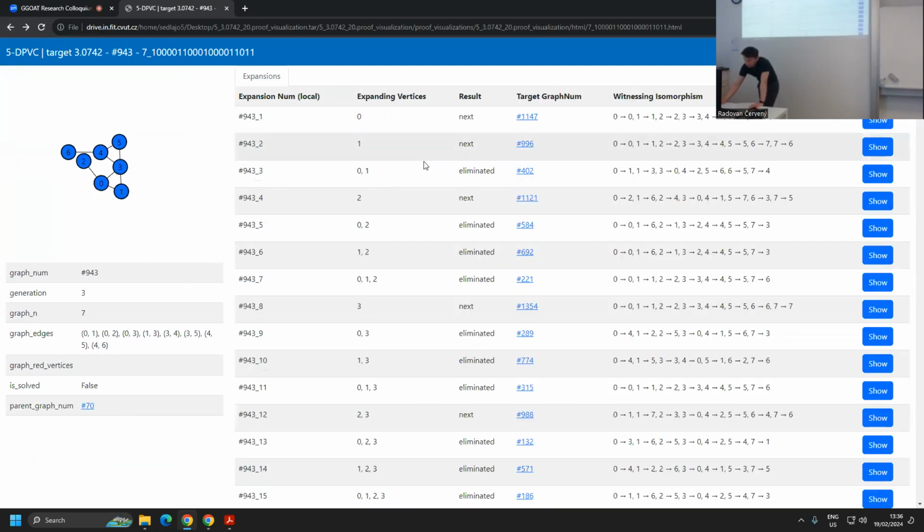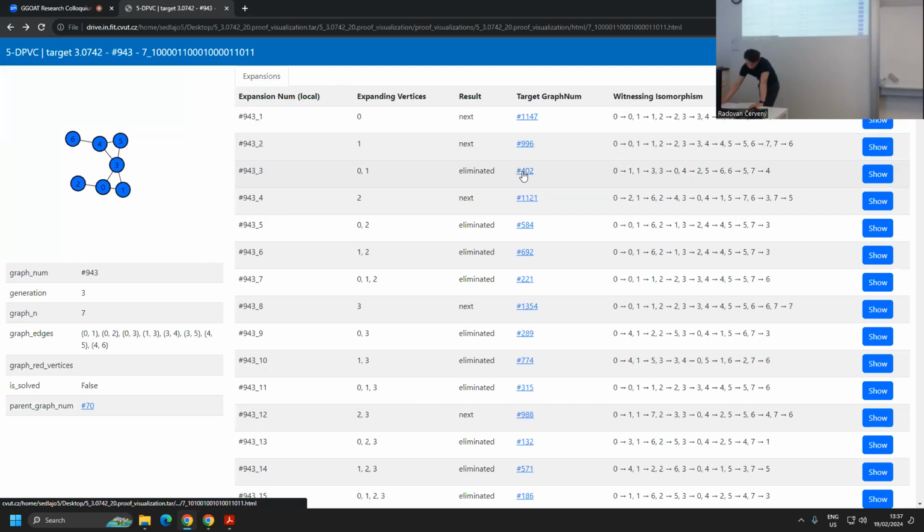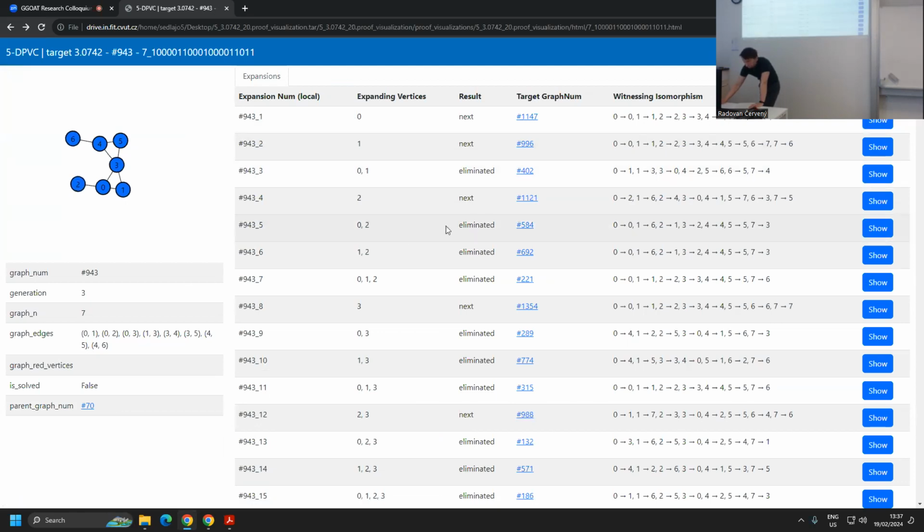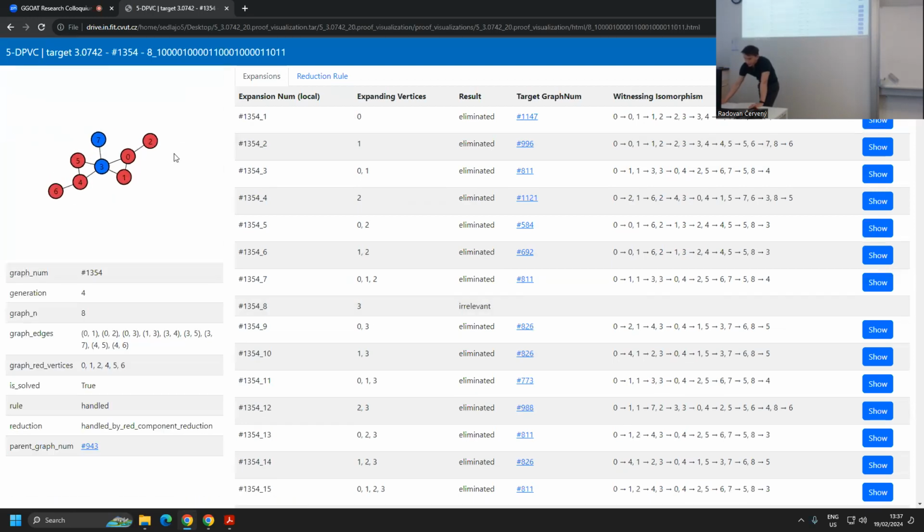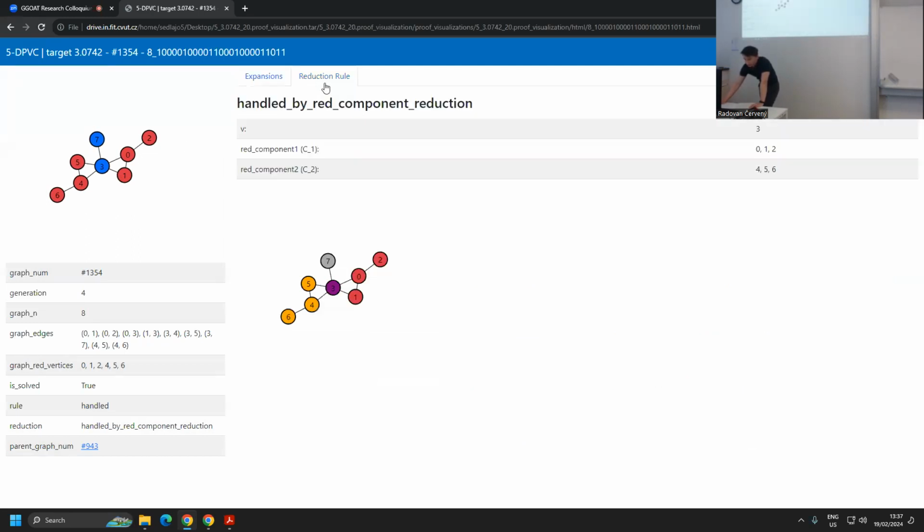If we do not go here, but instead go to here, we can already see that we get some red vertices, and in this case, the algorithm determined that this is handled by the red component reduction rule, and I can again see how the rule should apply.